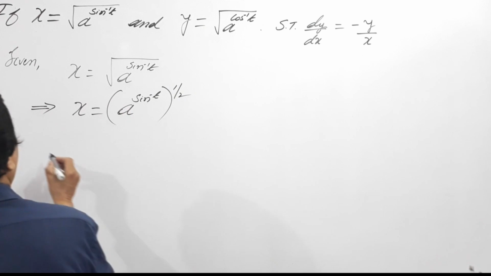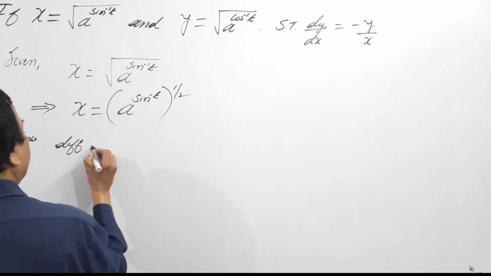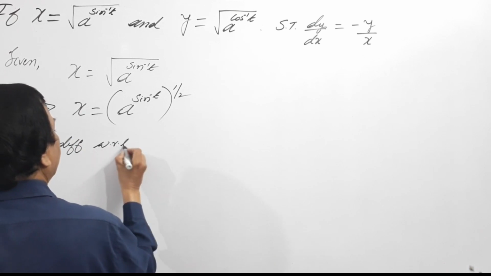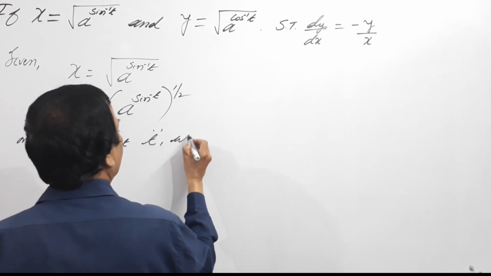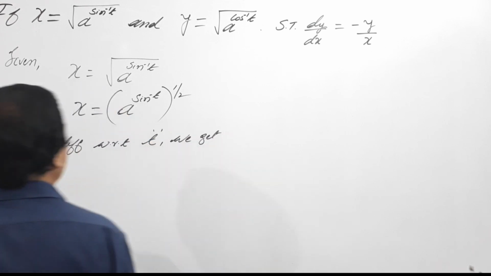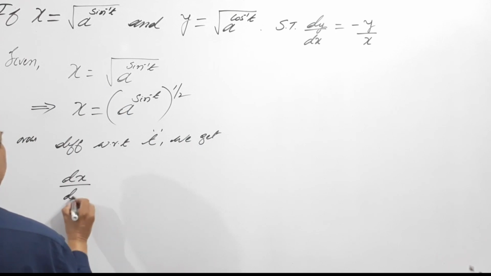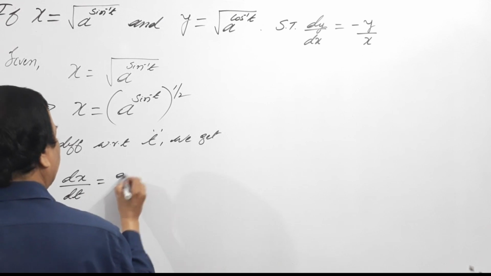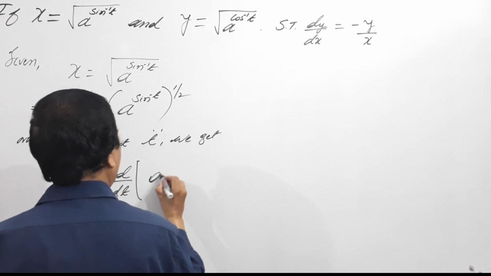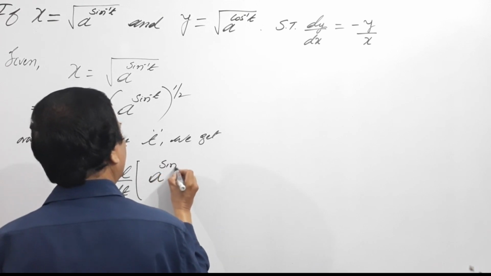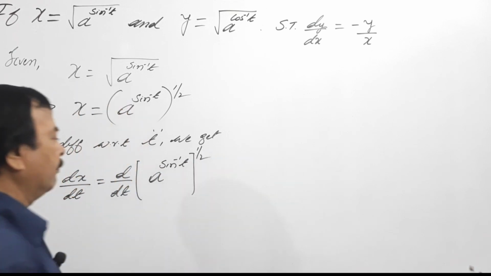So here, now differentiating with respect to t, we get what? See, dx by dt equals d by dt of a to the power of sine inverse t, whole to the power of half.